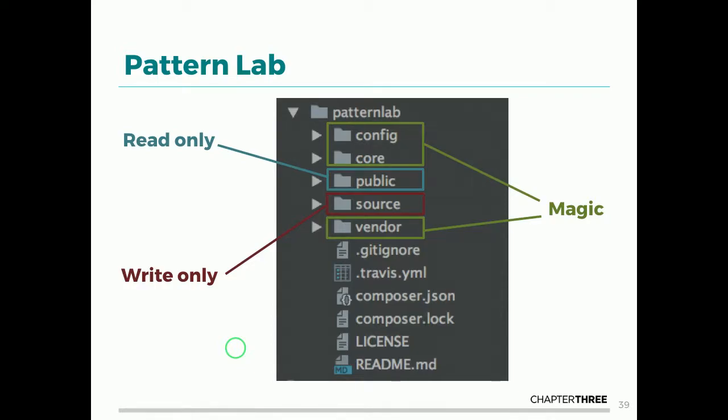You're going to have a public folder, and that's what actually gets sent to the browser. That's what the browser sees. And then your source folder is where you do all your work. That's where you modify your Twig files, where you write your CSS, etc. And then everything else we're just calling magic. That's Pattern Lab doing its thing, right?